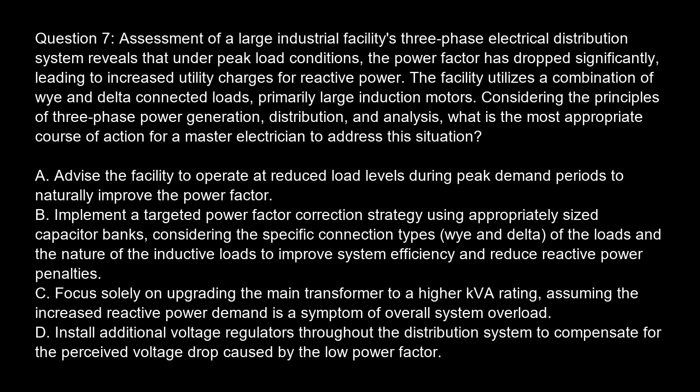Option C. Focus solely on upgrading the main transformer to a higher kVA rating, assuming the increased reactive power demand is a symptom of overall system overload. Option D. Install additional voltage regulators throughout the distribution system to compensate for the perceived voltage drop caused by the low power factor.